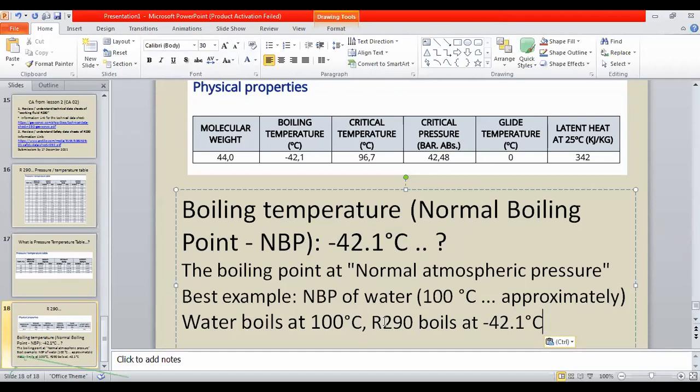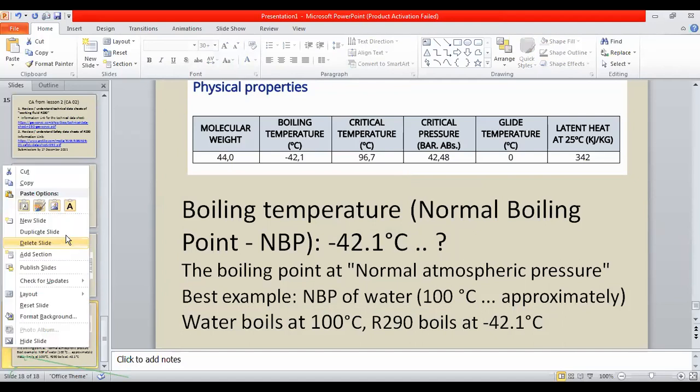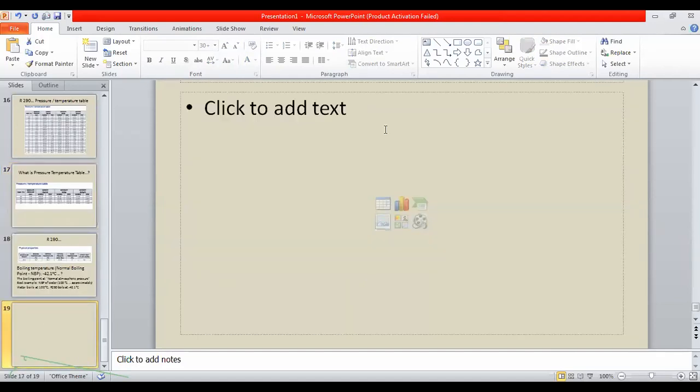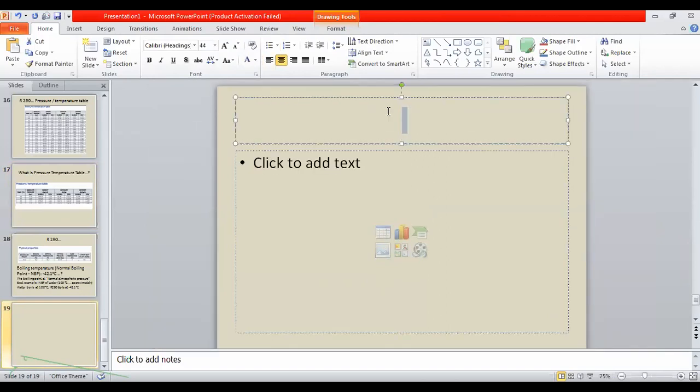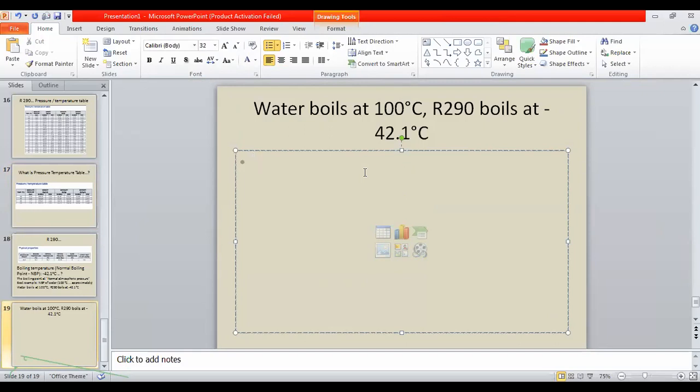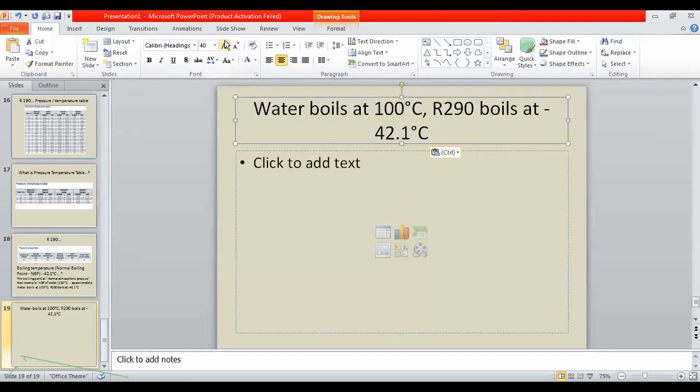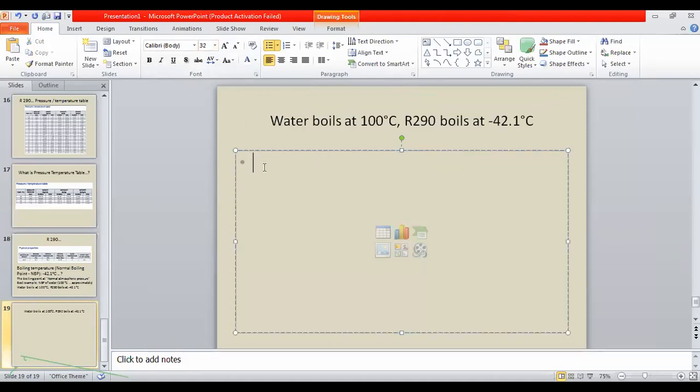So which means you should understand this. Whenever you have this normal boiling, always refer to ambient conditions.